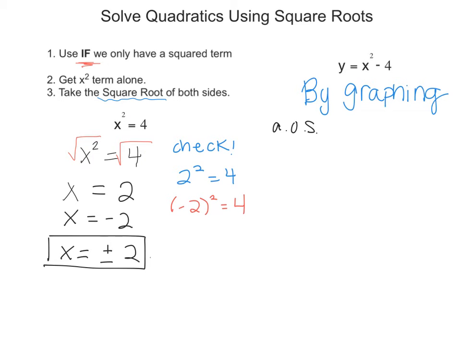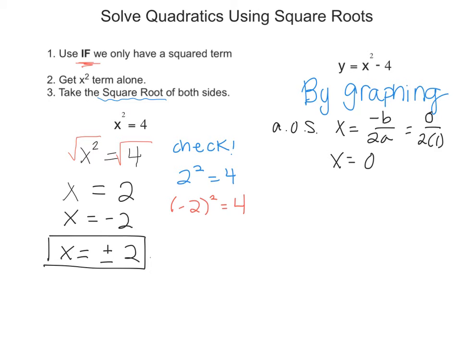And remember, we find our axis of symmetry by doing the equation x equals the opposite of b over 2a. In this problem, I don't have a b value, so x equals the opposite of 0, which is just 0, over 2 times a, which means x equals 0, because 0 divided by anything is just 0.